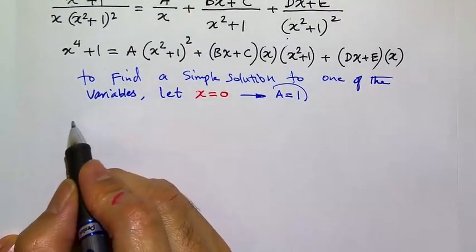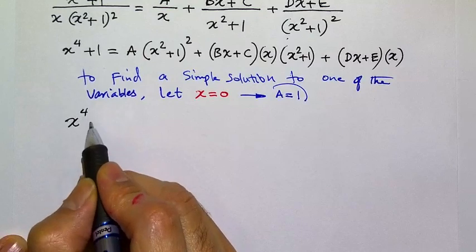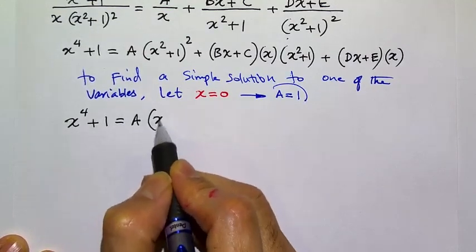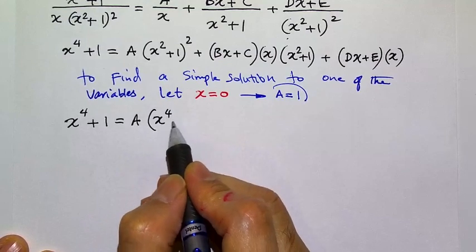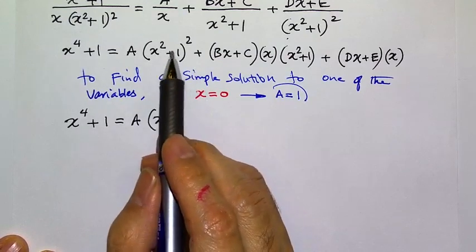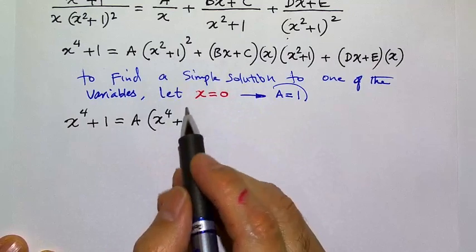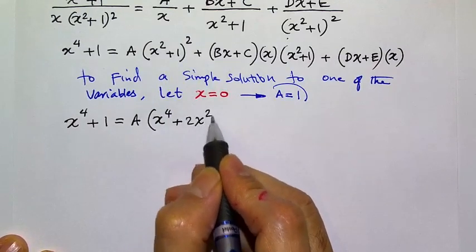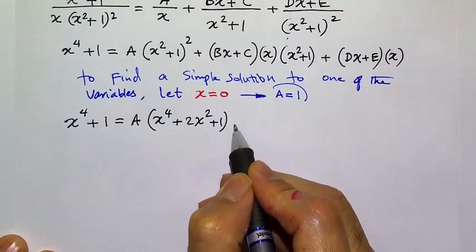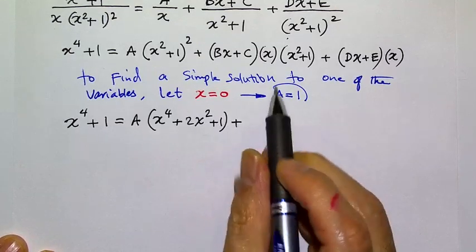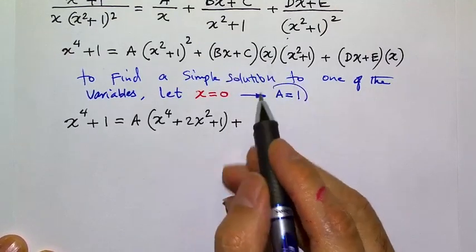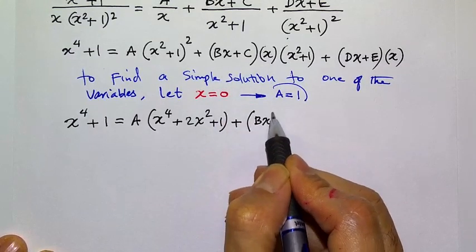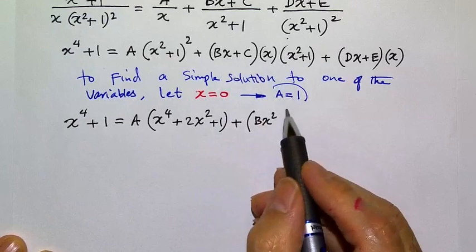But before that, we have simplification to do, right? So x to the 4th plus 1 equals a times x to the 4th plus, if you expand this, we get x to the 4th plus 2x squared plus 1, and then plus, in here we get bx squared, I'm just distributing the x into that.